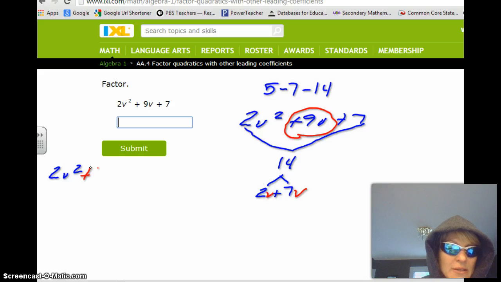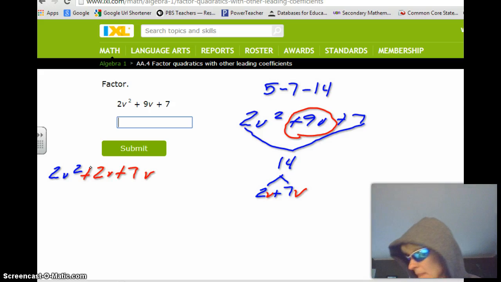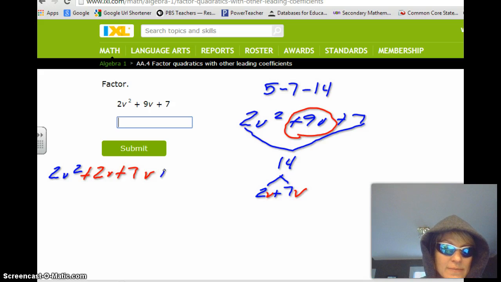So I'm going to plug in 2v and 7v. And then I keep my 7 in there still, like that. Okay, so all I did was I multiplied the leading coefficient with the constant. I got 14. Then I figured out which two numbers will add to that 9v, and I didn't change the value at all because 2v and 7v is 9v.